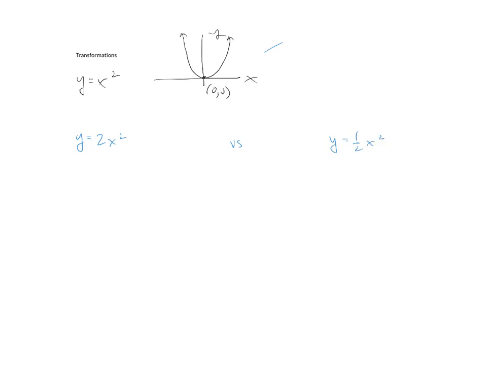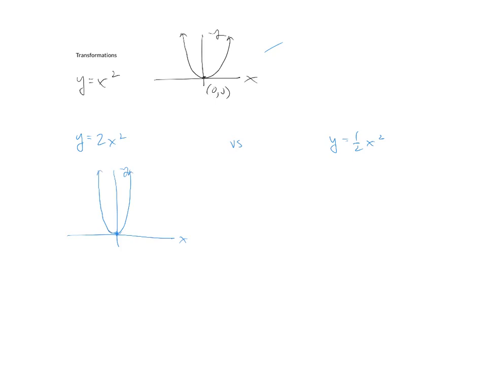The way that these scalars affect the original parent function is that it actually controls the rate at which the graph goes up the y-axis. So if the scalar out in front of the function is bigger than 1, in this case it's 2, that's going to make it go up the y-axis more quickly, which makes it look like it's a little more narrow.